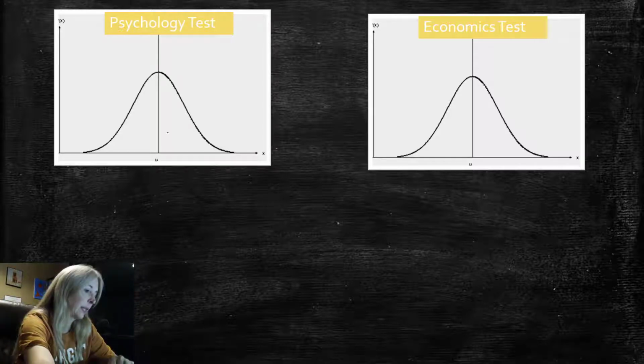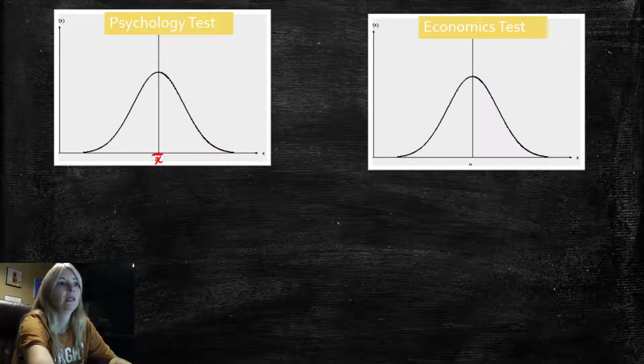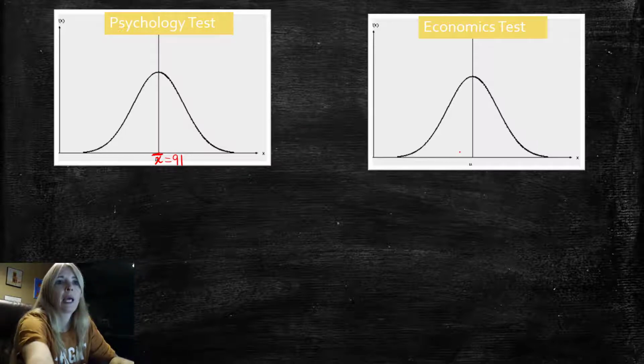So this first test is going to be a sample mean, X bar. Mu's okay, it's just not the population. They say the sample mean of the psychology test was a 91, and this sample mean was a 57.